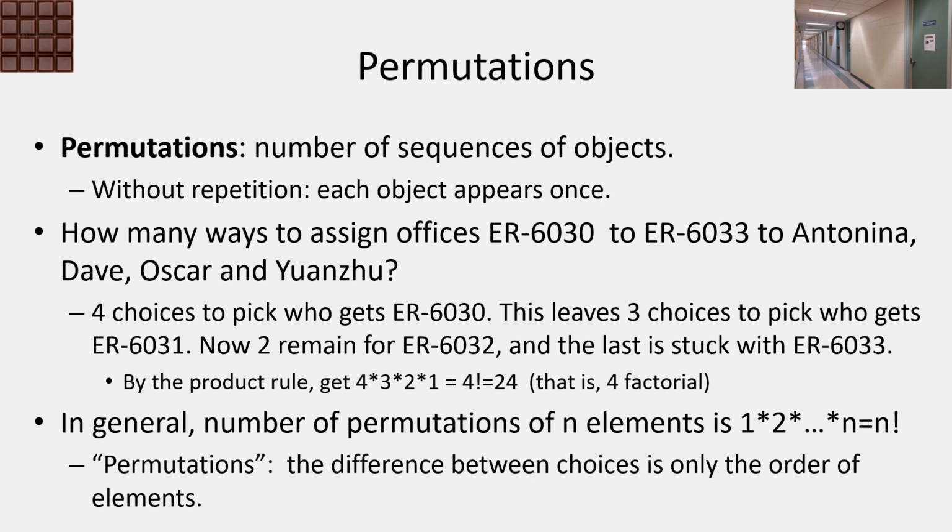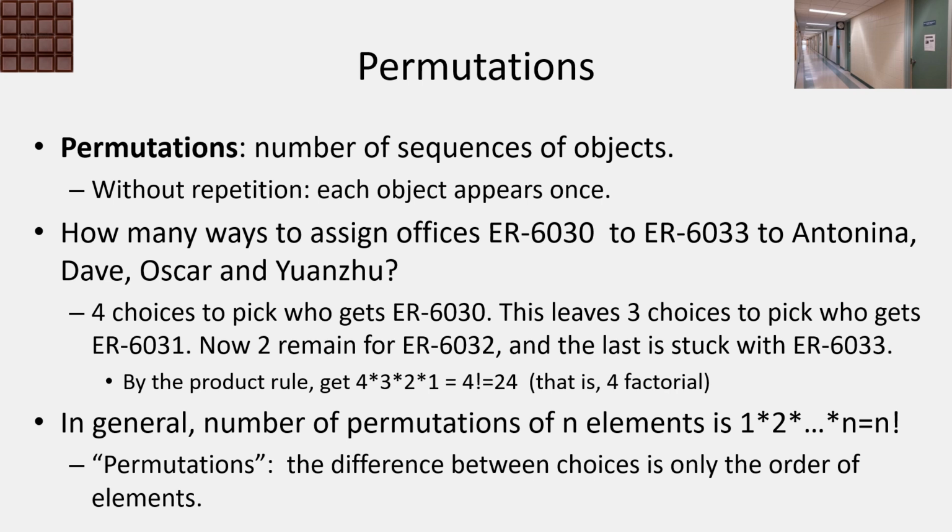So here's how you can count how many ways you could do it. There are 4 people who can get the first office. 4 choices. Okay, now that one person got assigned to the first office, this leaves 3 choices for the remaining people.